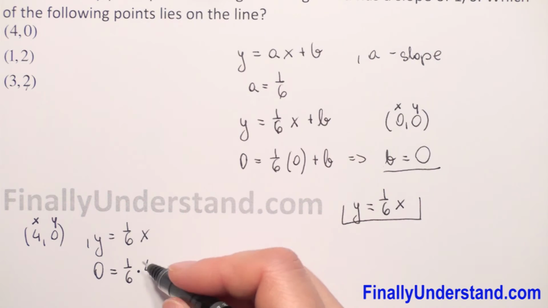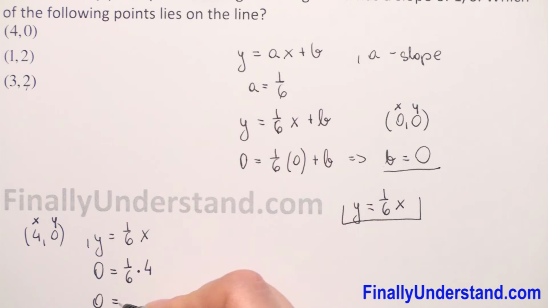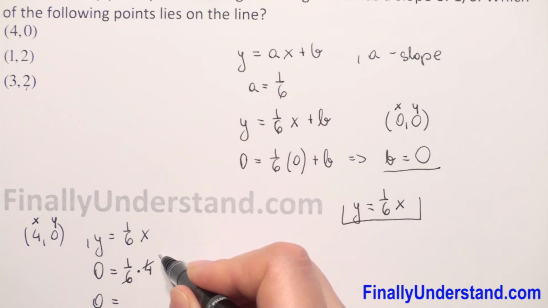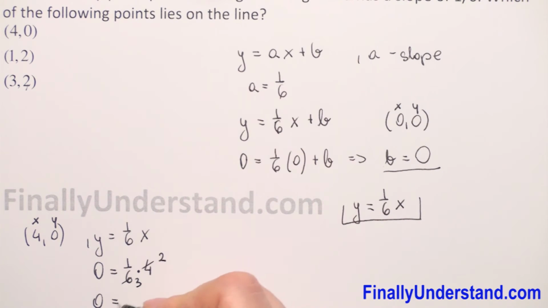So we have 0 equals 1/6 times 4. We can reduce 6 and 4 by 2, so it will be 2/3. 0 is equal to 2/3? No. So this point with coordinates 4, 0 doesn't belong to our line.